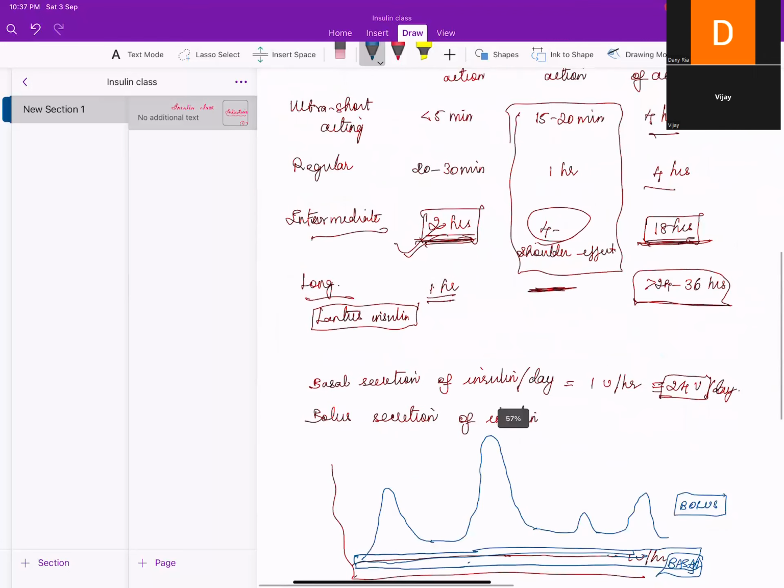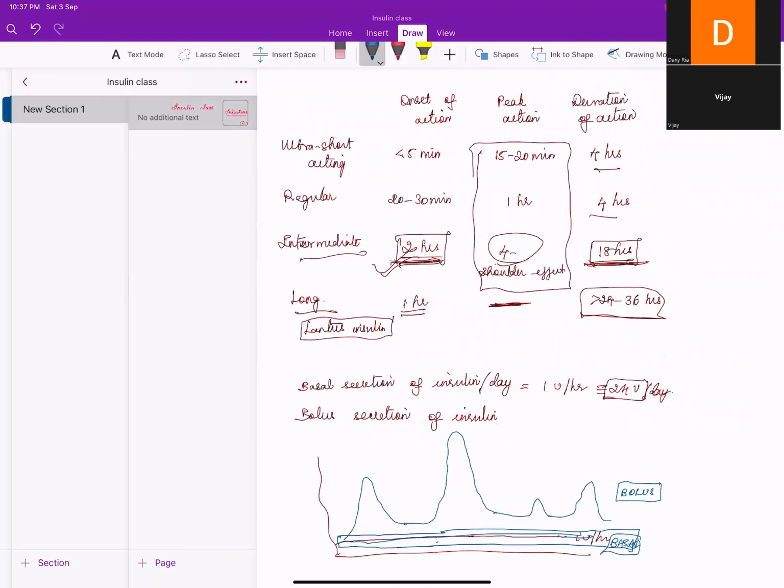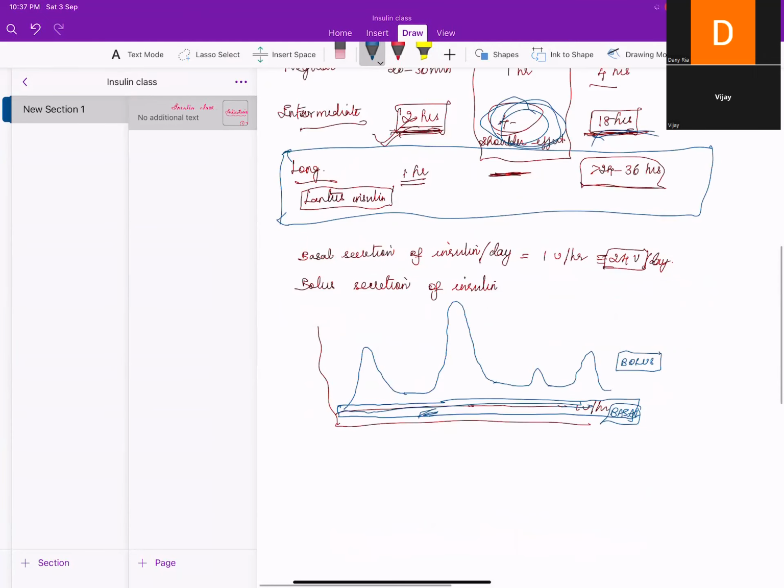No peak, continuous action, longer duration of action: long acting insulin. So that's why long acting insulin is preferably used as basal insulin. I'll tell you what is basal later. The next best will be intermediate because of the longer duration, 18 hours. But what's the disadvantage? There's a shoulder effect, which is not present in the normal physiological secretion.